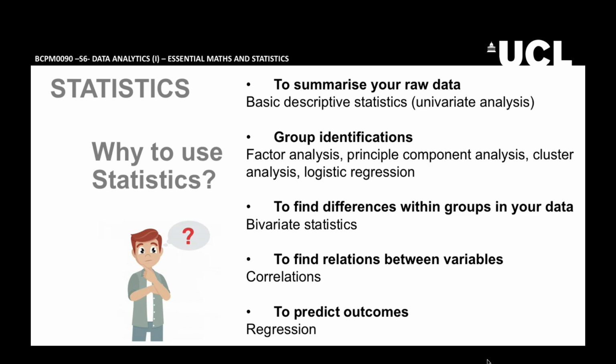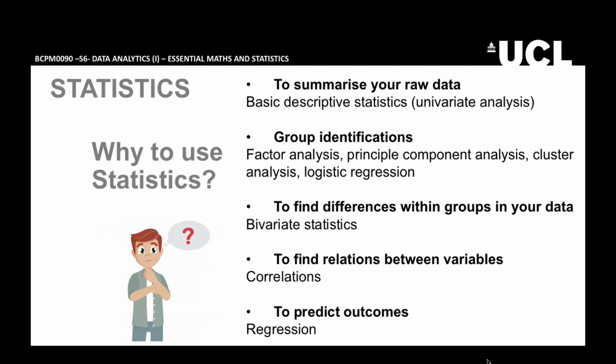Okay, in this second part of the session, we're going to introduce some basic concepts of statistics. And the first question that could come to our minds could be why to use statistics. Well, we have here a number of good reasons that justify the use of statistics in data science. With the use of statistics, we can summarize our raw data by using basic descriptive statistics, normally univariate analysis.